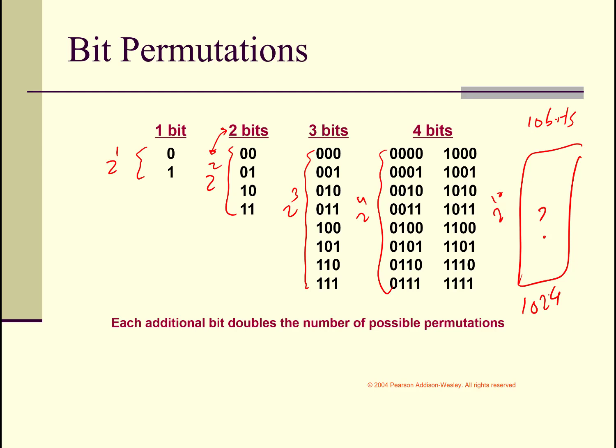When I started, I only had 2, then next I have 4, next I have 8, next 16, and so on. So you are just doubling by adding 1 bit, doubling the entries you have for the representation of these numbers.